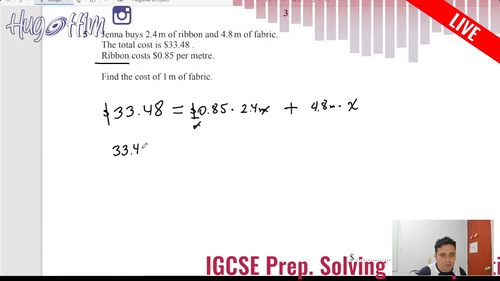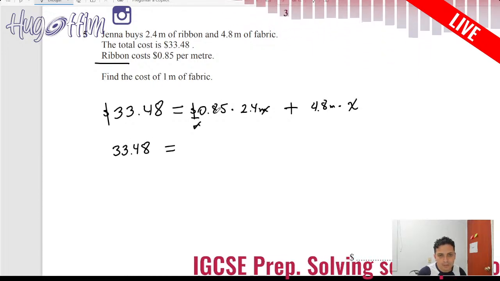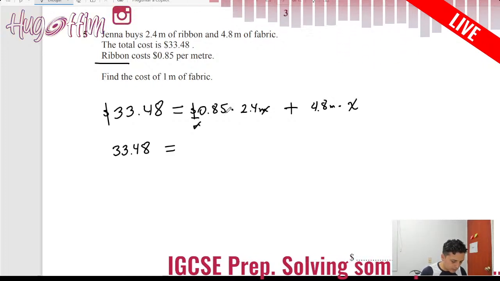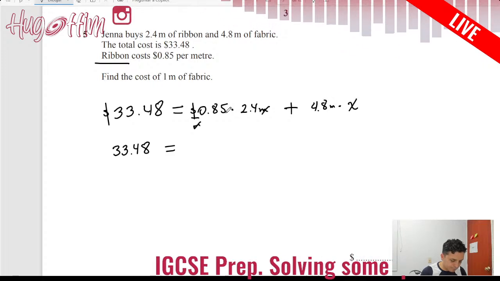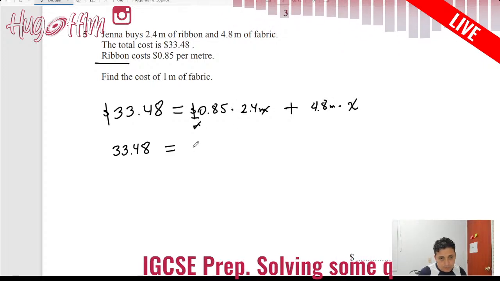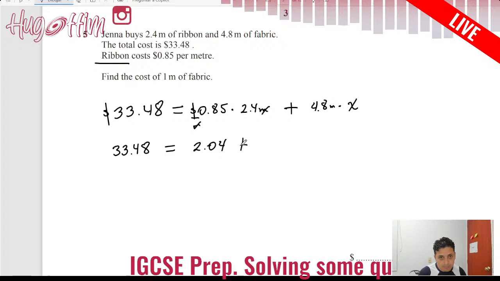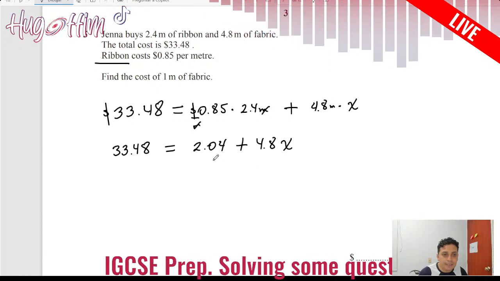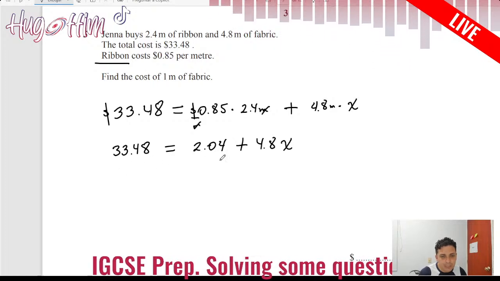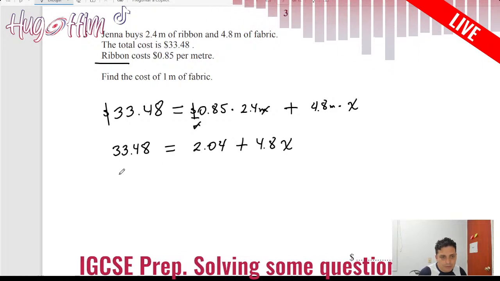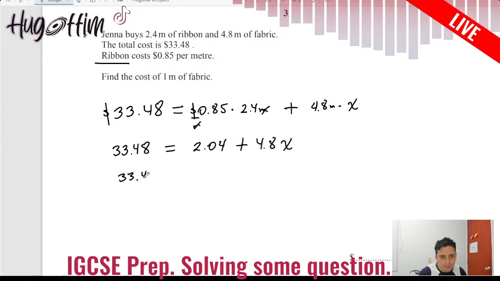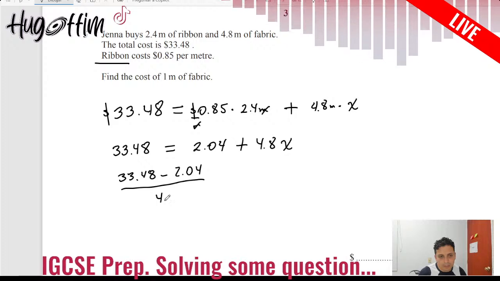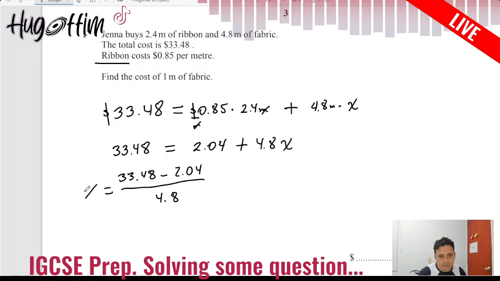I'm going to avoid units so far. So 0.85 times 2.4. I'm going to use the calculator. That gives 2.04 plus 4.8x. And finally, I just need to solve this equation. Subtract 2.04, so you're going to get 33.48 minus 2.04 over 4.8. That's going to be x.